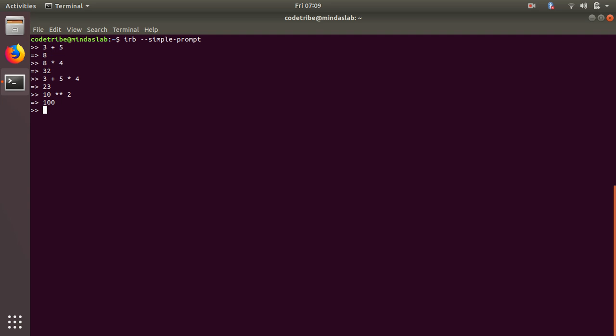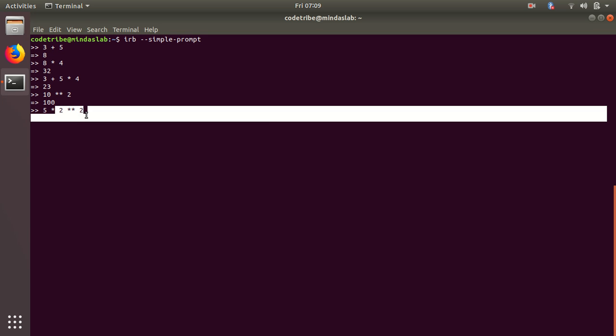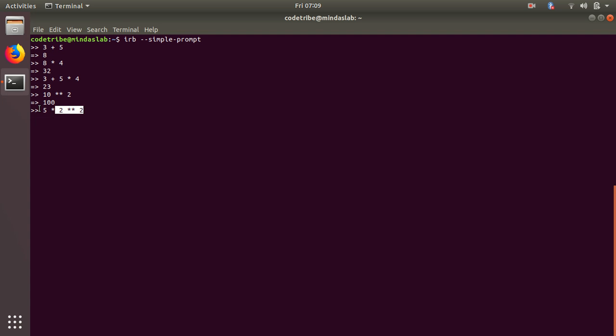But that isn't the case. It will be 5 star 2 raised to the power of 2, so 2 raised to the power of 2 will be evaluated first, and then that will be multiplied by 5. So the answer will be 20, right? So you need to know which things will be evaluated first and which won't.